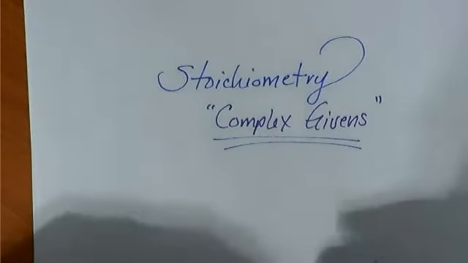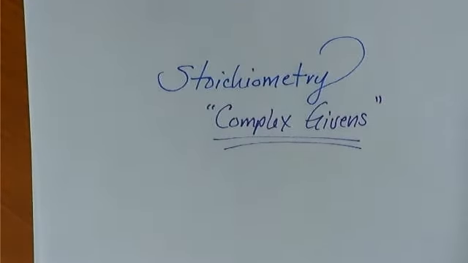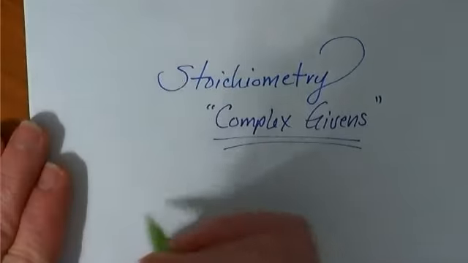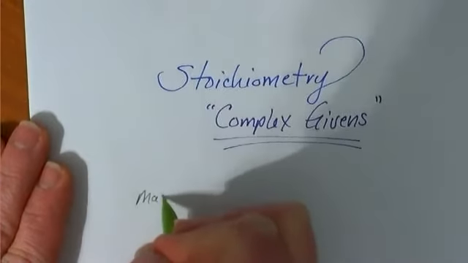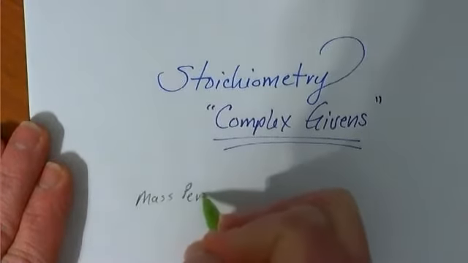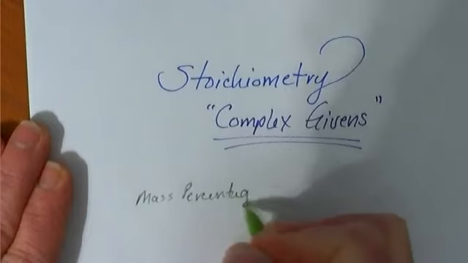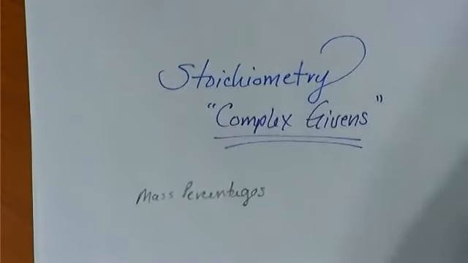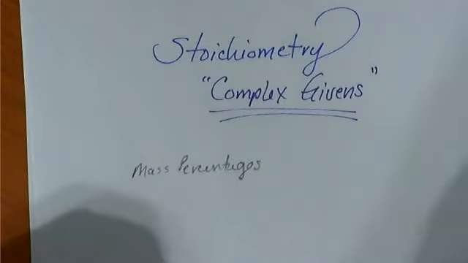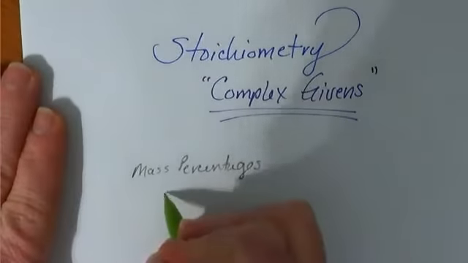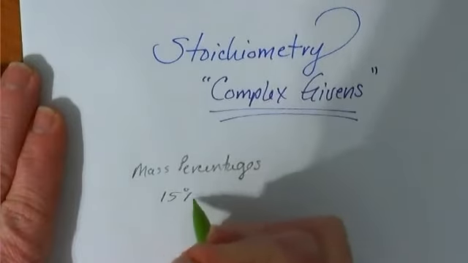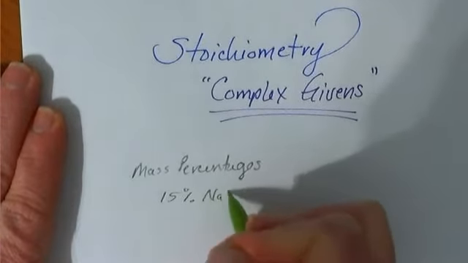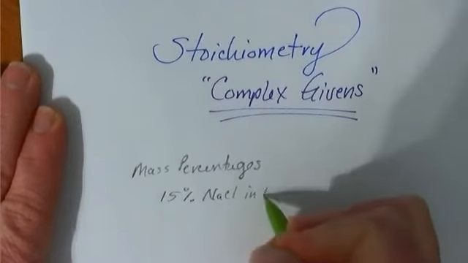Sometimes we are not given masses or moles as starting givens. We might be given mass percentages. For example, we could be told that we're dealing with a mixture, that we're given a certain substance that is, let's say, 15% sodium chloride in the mixture.